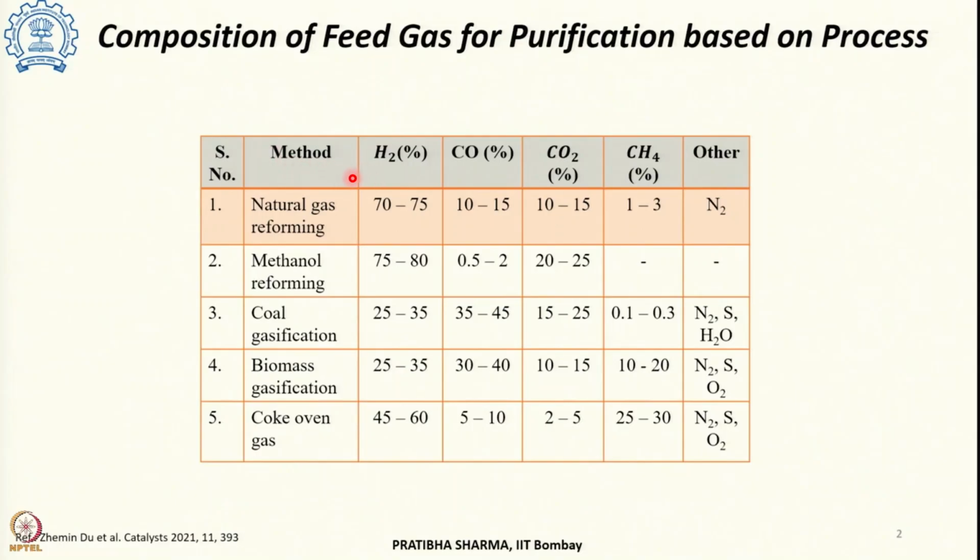This table indicates, for each process, the efficiency of producing hydrogen and which process produces hydrogen better. The first is the steam methane reforming process, the natural gas reforming process. This is the most economical and beneficial process associated with industry, with a lower hydrogen production cost.